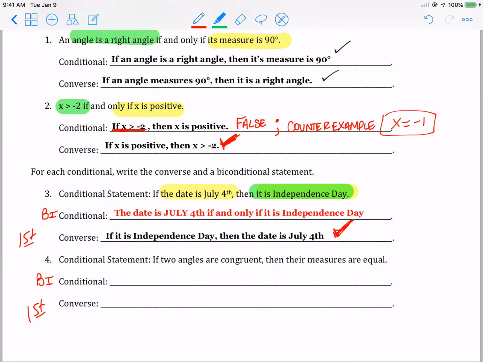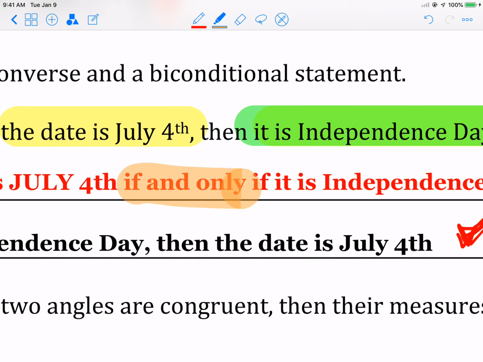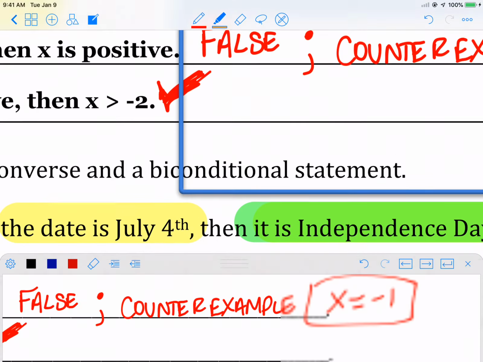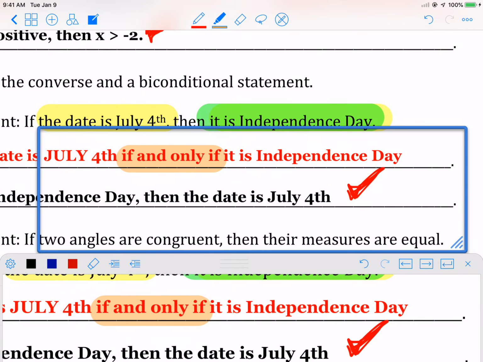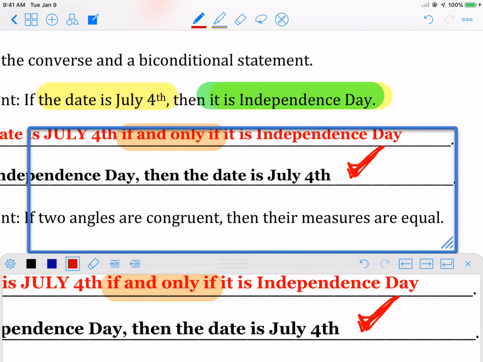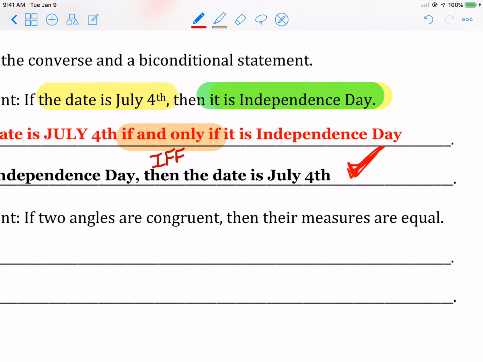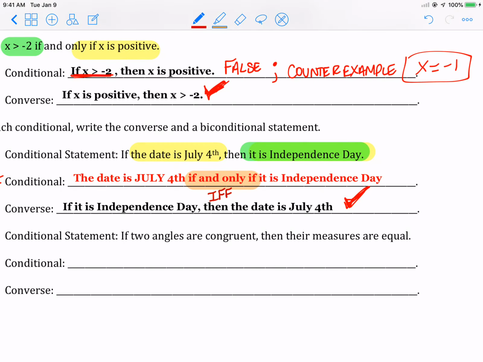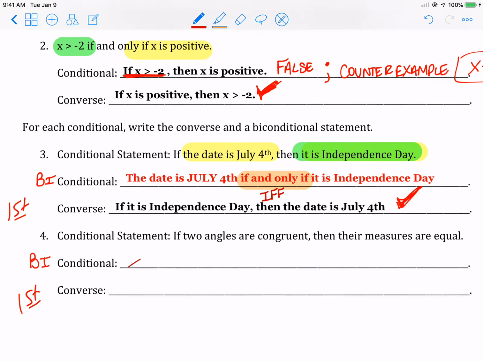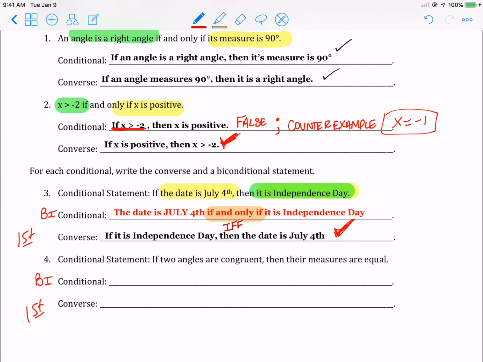So again, there's that key piece we need, guys, that if and only if. And if you remember from our notes on Friday, we can write the if and only if as IFF. I believe on your homework you'll see that a couple of times. That IFF piece.